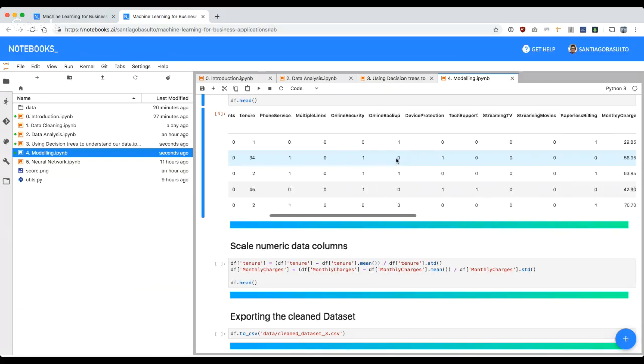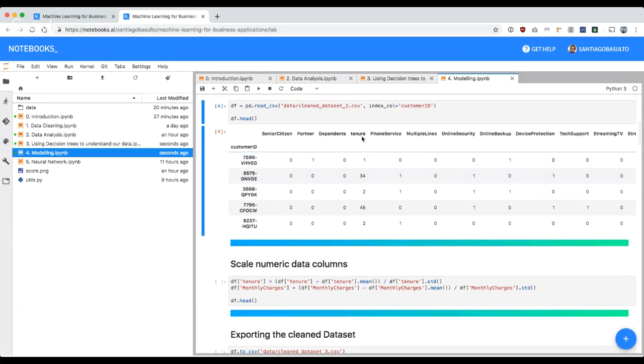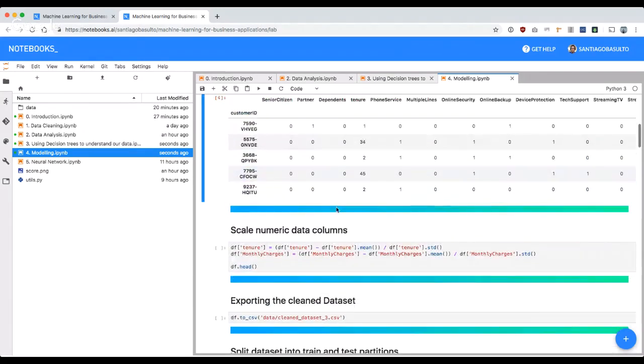So having variables that have very dissimilar units is going to be problematic for machine learning. Usually we want these numbers to have a similar range.